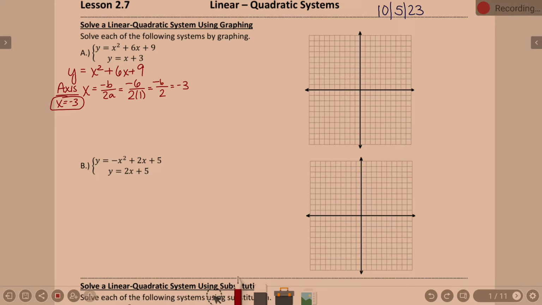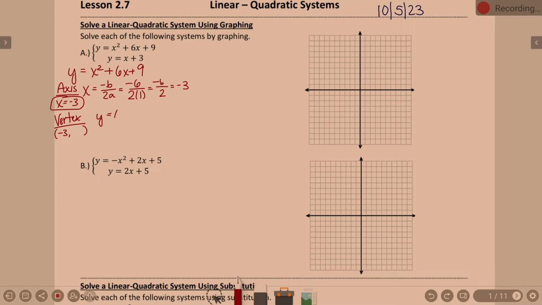After you do the axis of symmetry, what's next? We need the vertex. What do you know about your vertex? Negative 3 something. How do we find something? Plug x in. Plug the negative 3 in for x.